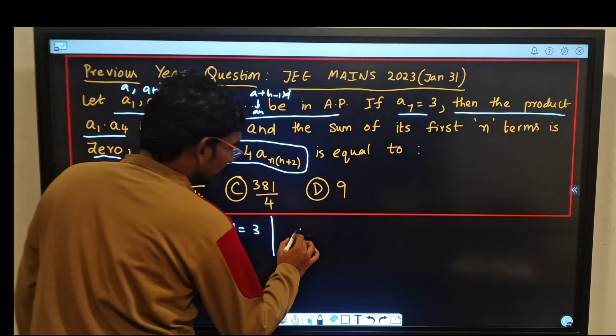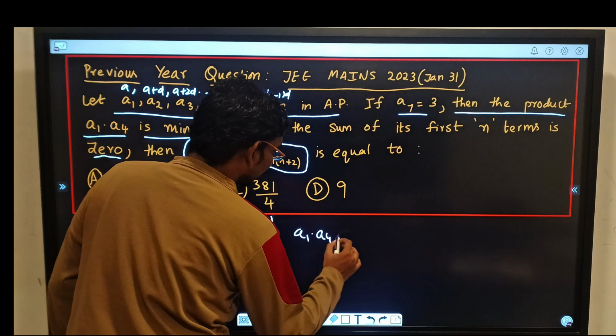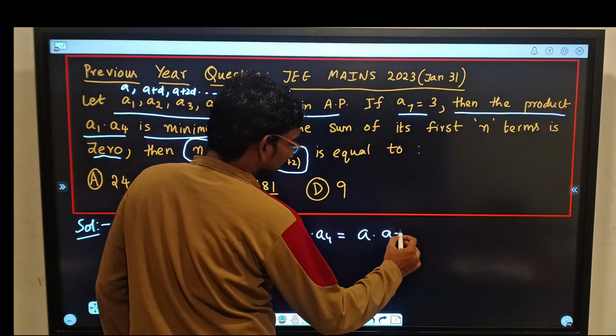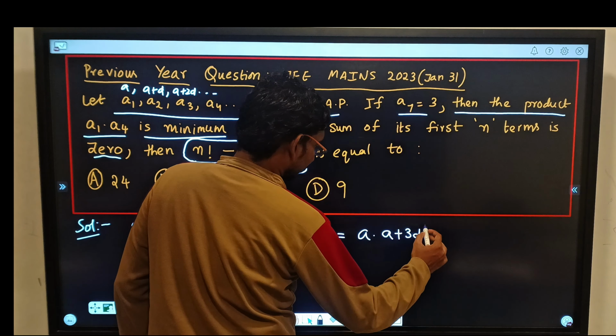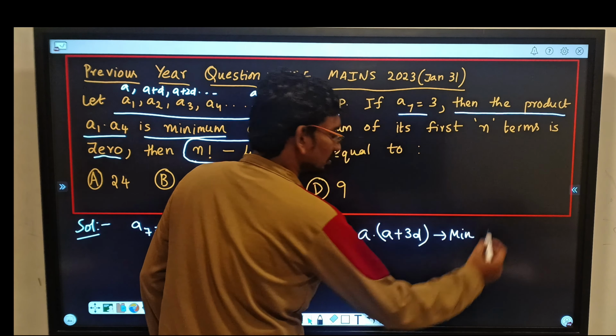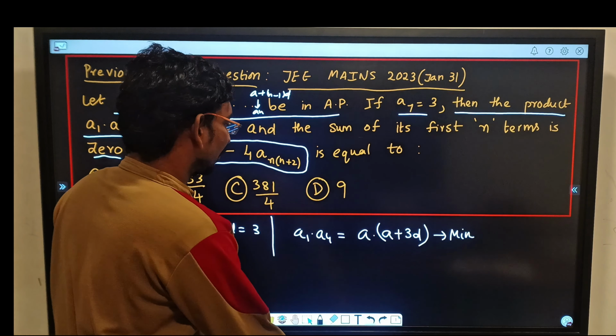Product of A1 into A4. A1 is A, A4 is A plus 3D. So this is minimum, correct?